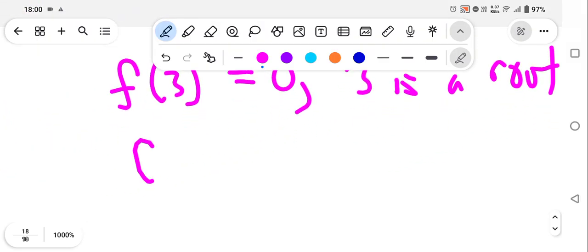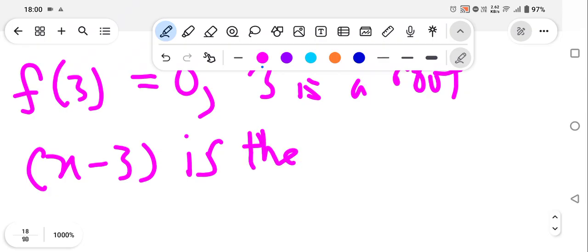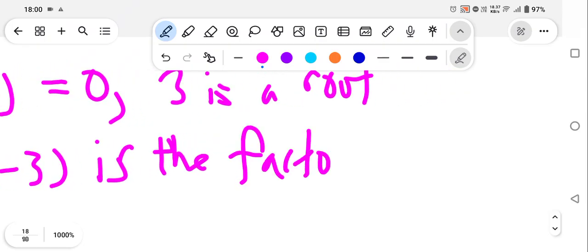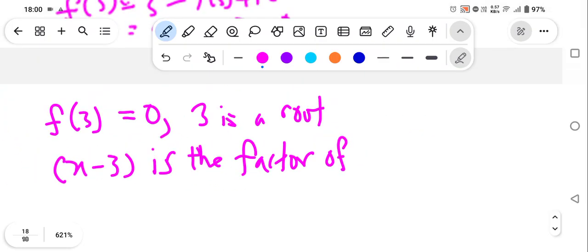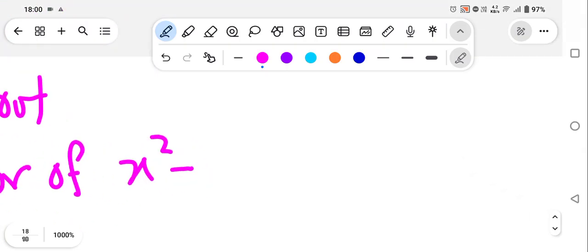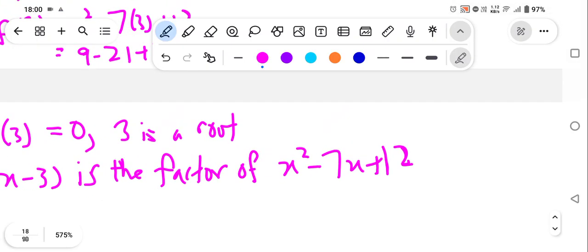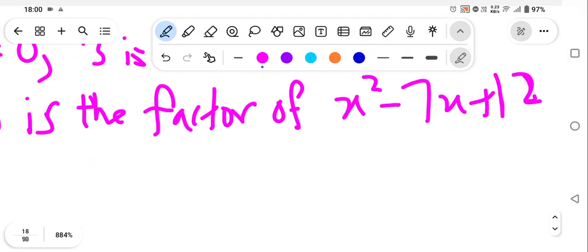Or for another example, x minus 3 is a factor of x squared minus 7x plus 12. So let's say I don't know the other factor and I want to use long division. You can do that.